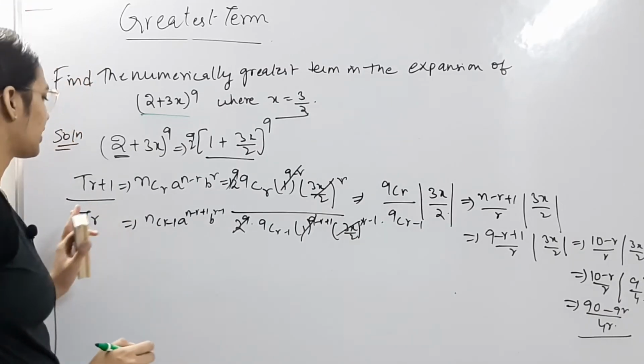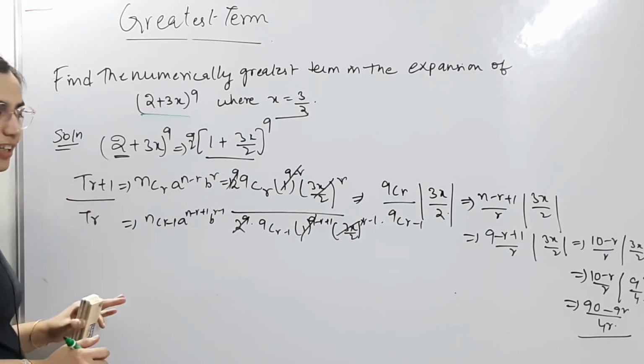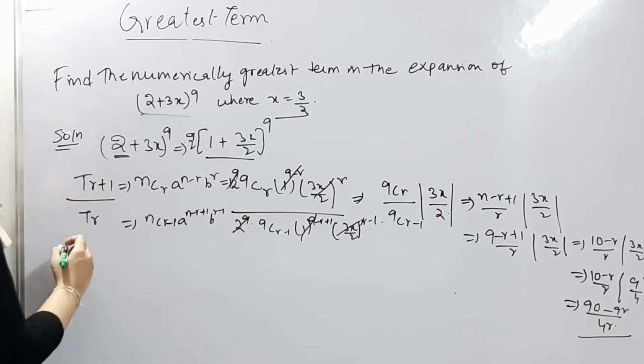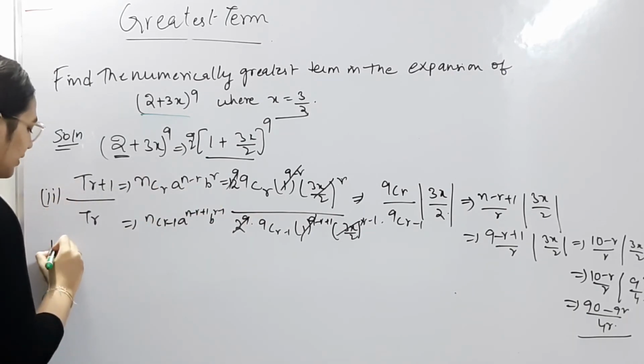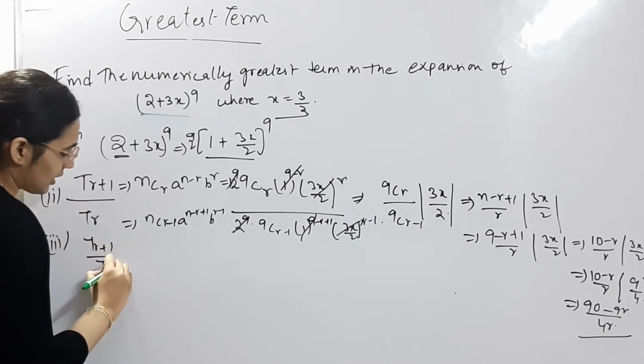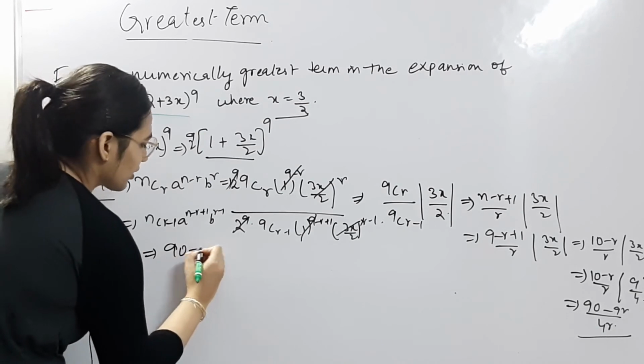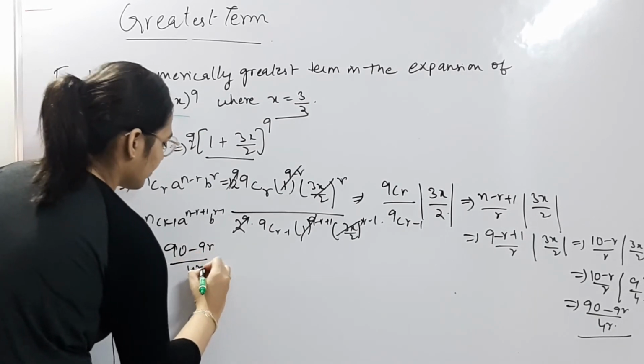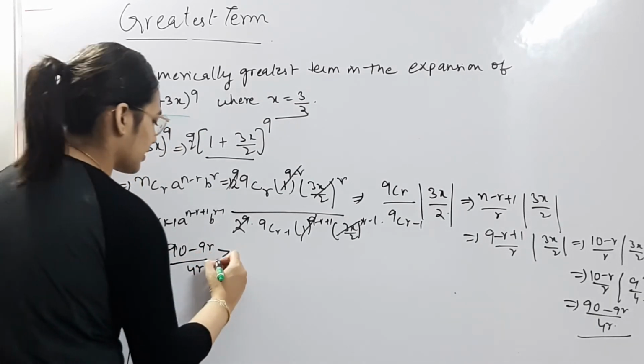Second step is to find tr plus 1 and tr, and then we'll divide it. We got one result. Third step is take tr plus 1 by tr as greater than or equal to 1. We get 90 minus 9r by 4r is greater than or equal to 1.